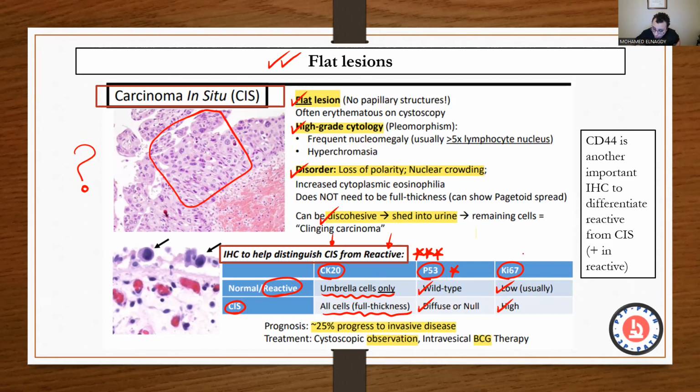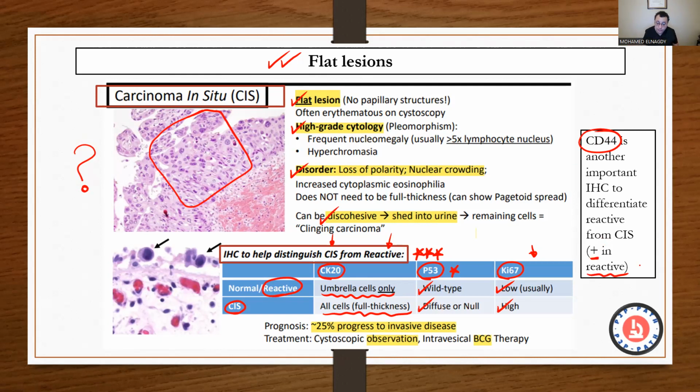Another stain that is not mentioned in this table, but is very important and frequently tested, so you should add it to your notes, is CD44. CD44 is another important IHC to differentiate reactive from CIS.